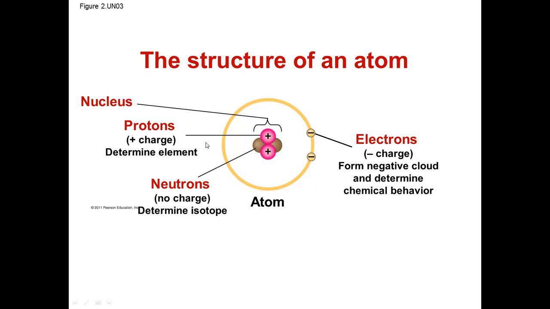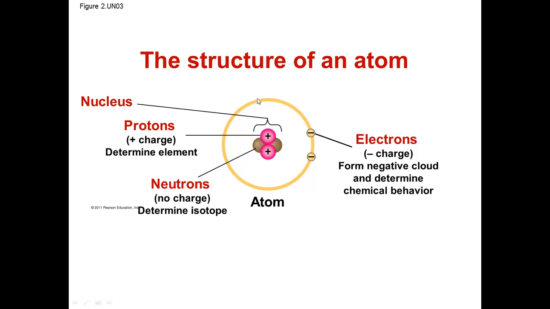The number of protons is very important because this is what defines the identity of an element. So different numbers of protons are associated with different elements. In contrast, neutrons determine the isotope of an element. So atoms of the same element with different numbers of neutrons are referred to as isotopes.